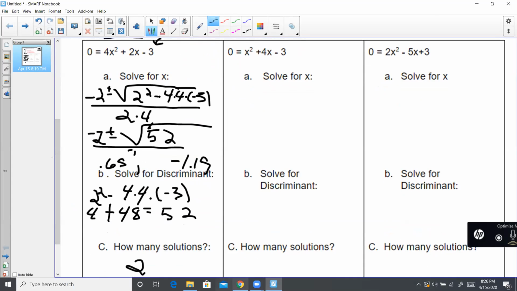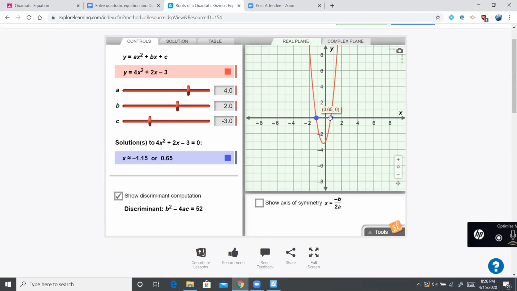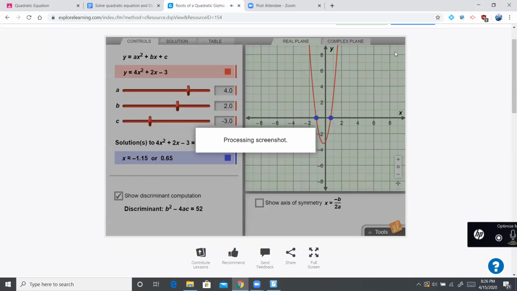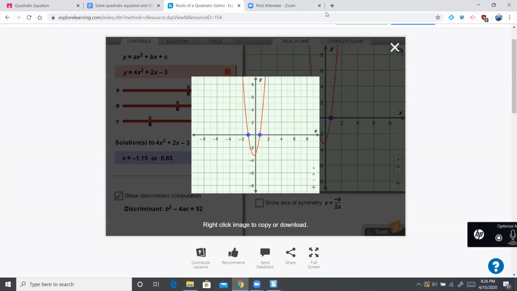If you look at the graph, you see that we have two solutions here and here. I'll have you do that and then come over here, take a screenshot, and put that on the document. Okay? So you should be good with that. Let me know how that goes.